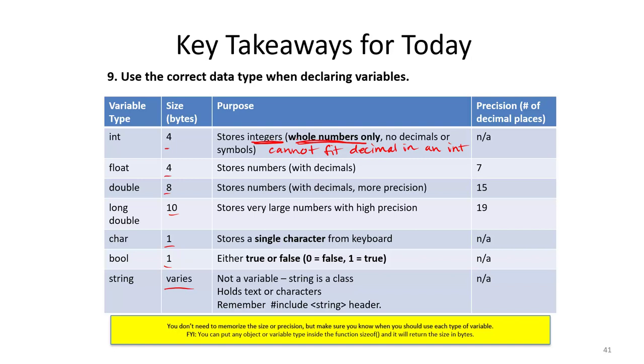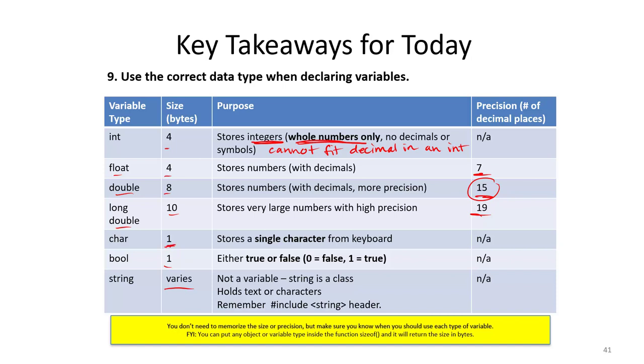If you do have a decimal, then you want to make sure you store that variable in one of these other types, like a float, double, or long double, and notice the precision is different. We call doubles doubles because they have double the precision of a float. Notice double has 15 digits of precision compared to less for the others.